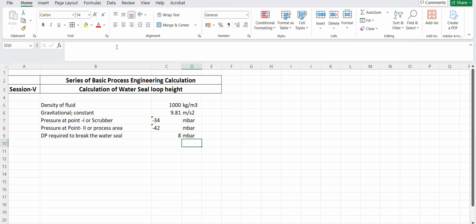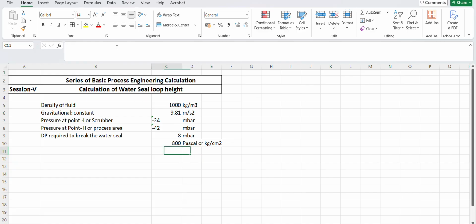We can convert that into Pascal or kg per centimeter square by simply multiplying, because we have to calculate pressure P equal to rho g h, the static head or height required to avoid the reverse flow.